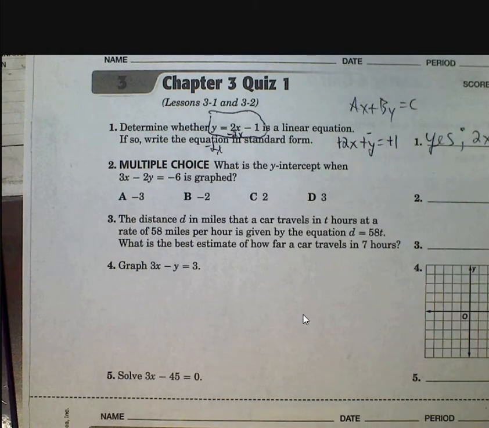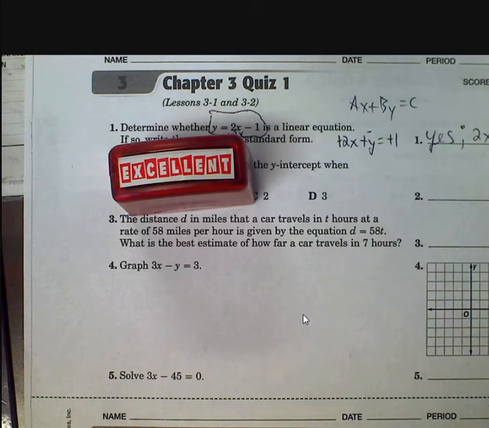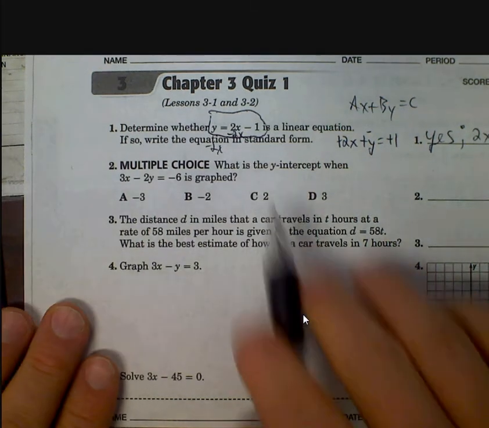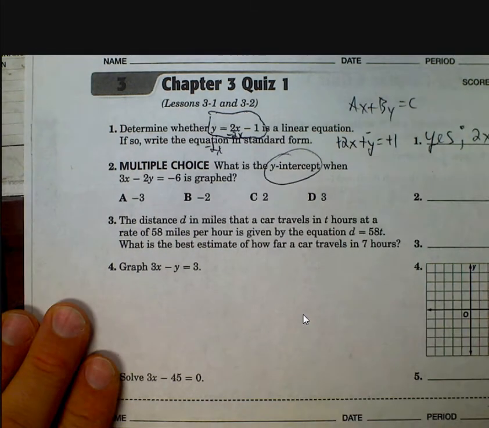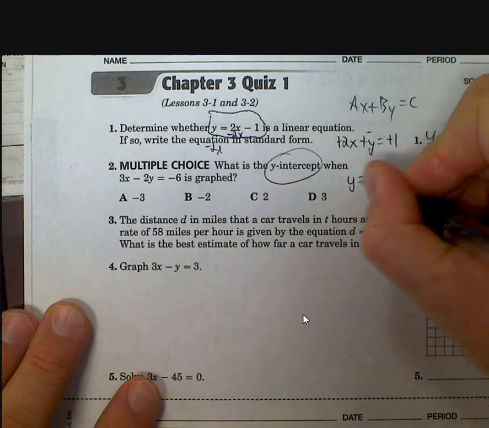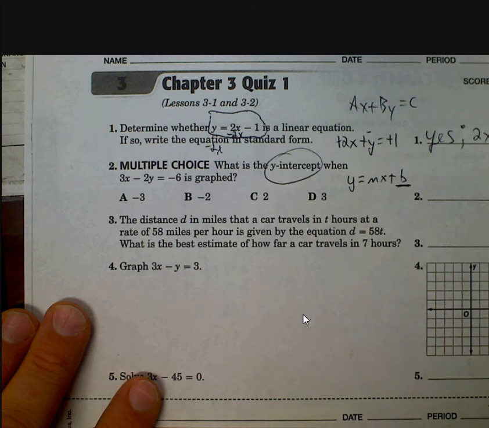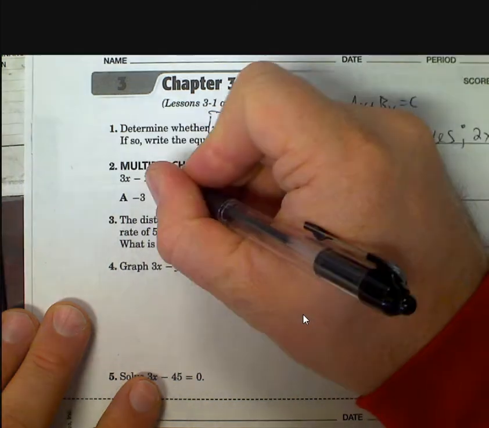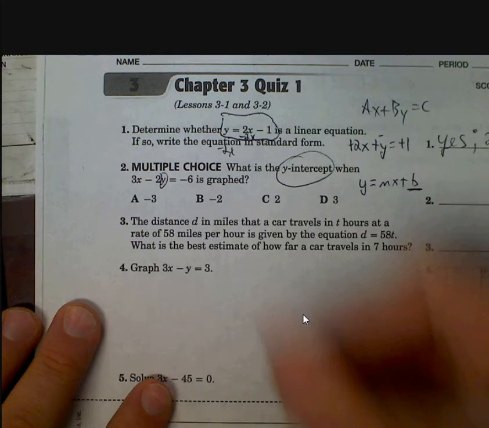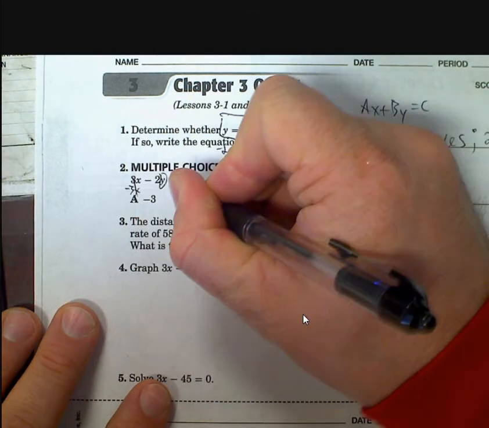Number 2, pause the video and try. On number 2, it says, what is the y-intercept? The only way to get the y-intercept is if I have y equals mx plus b. It is the b in y equals mx plus b. So that means I need to get y by itself. I'm going to get rid of the 3x first.